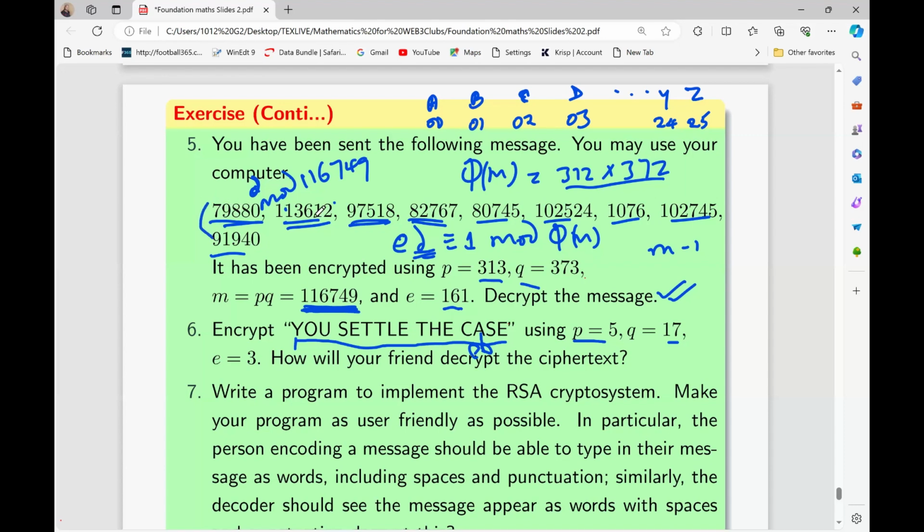After breaking into those blocks, each of the blocks, raise it to 3, mod M.